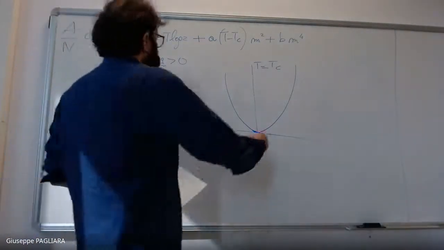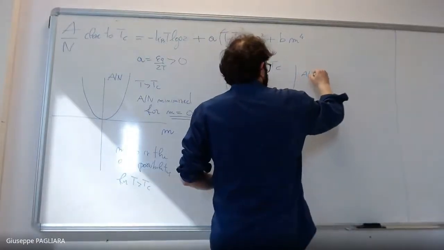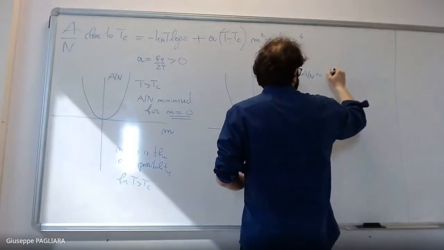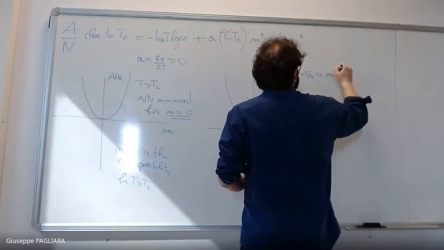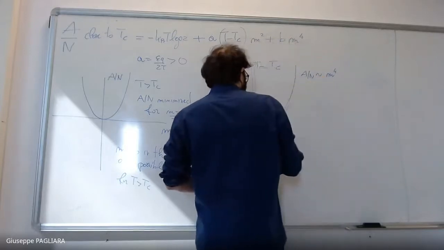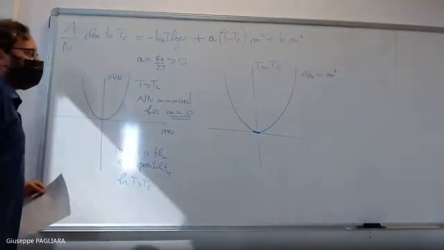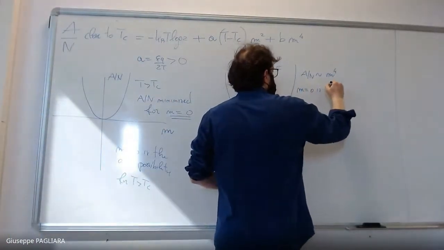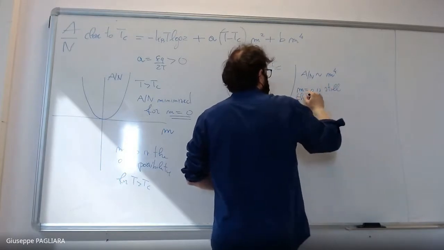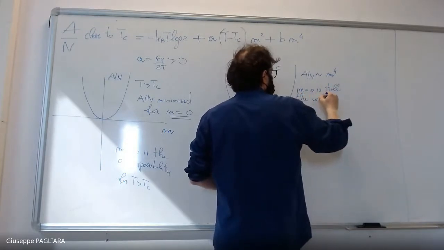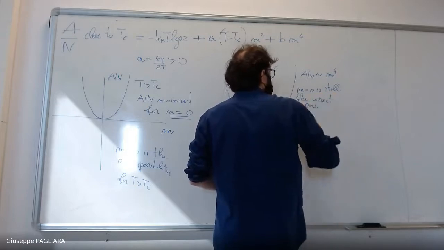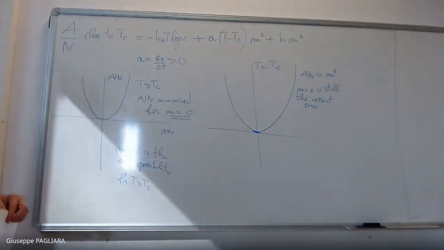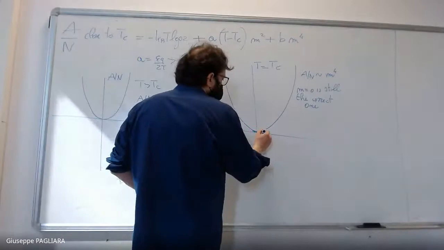Because here A divided by n scales as a constant times m to the power of 4, and therefore the solution is still m equals 0 that minimizes the free energy, the correct one. But here we also have that the higher order derivatives of m are equal to 0.